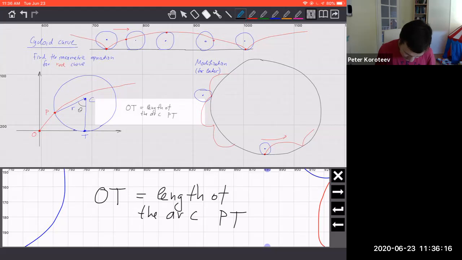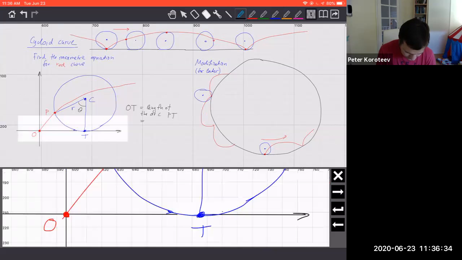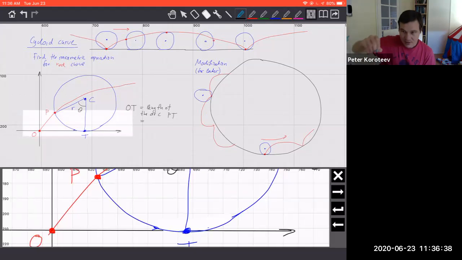Okay, and what is this length equal to? If the radius is equal to R and the angle by which it rotated is theta. I'm saying this to quantify the statement that OT, this distance from O to T, is equal to the arc length from P to T. Okay, we'll get back to this in a second.